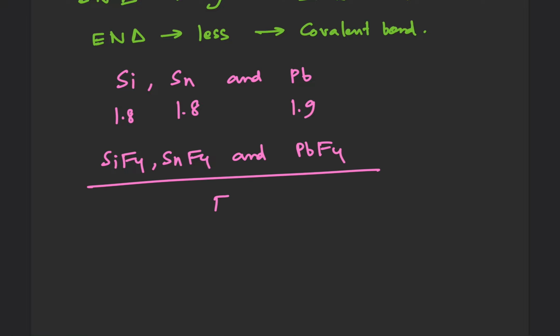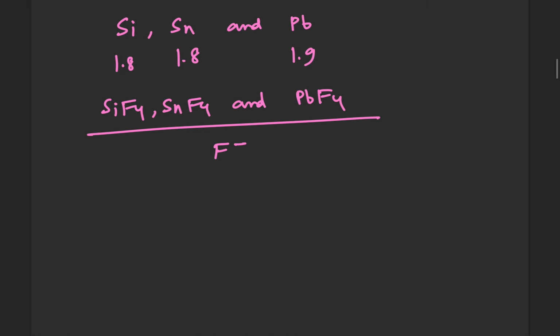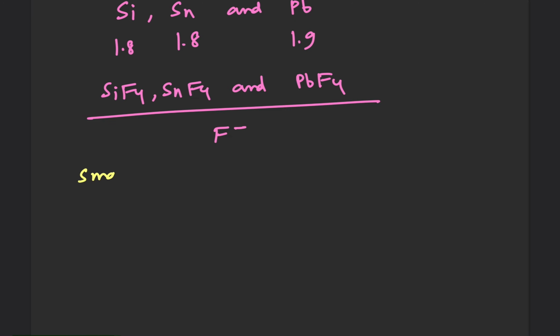According to Fajan's rules, the smaller the cation, the greater its polarizing power. Very important.